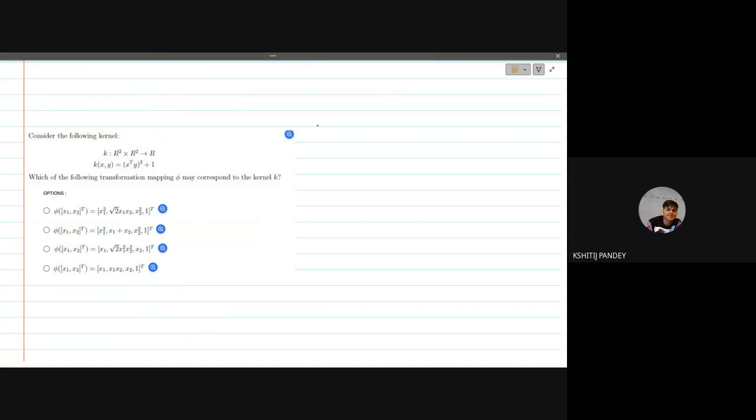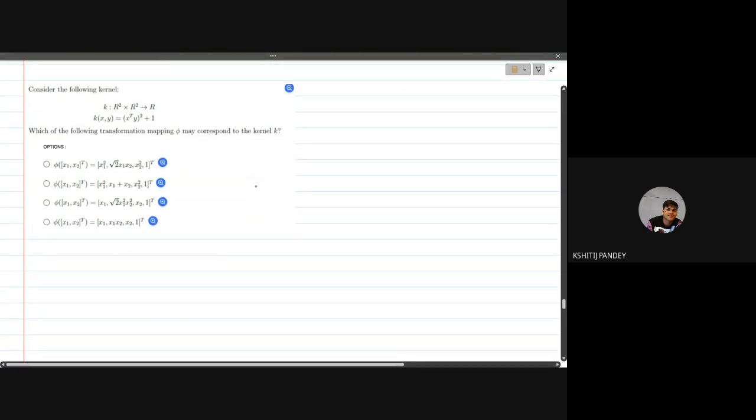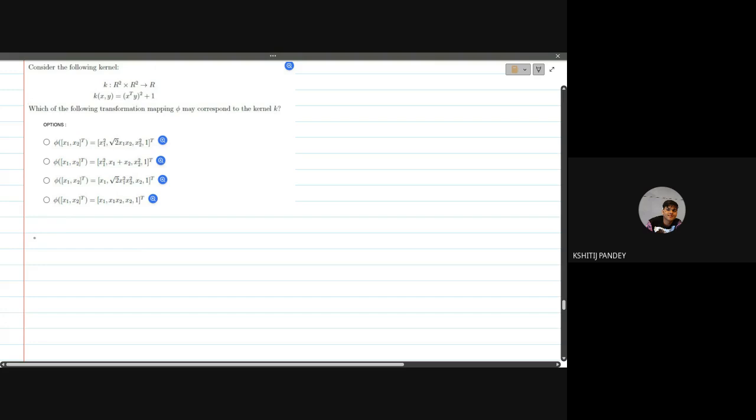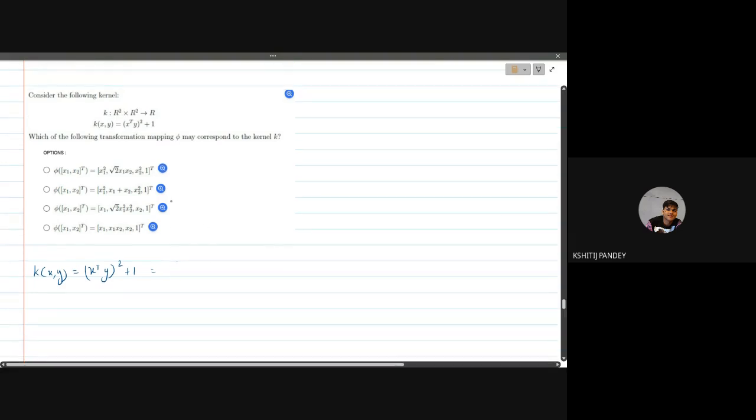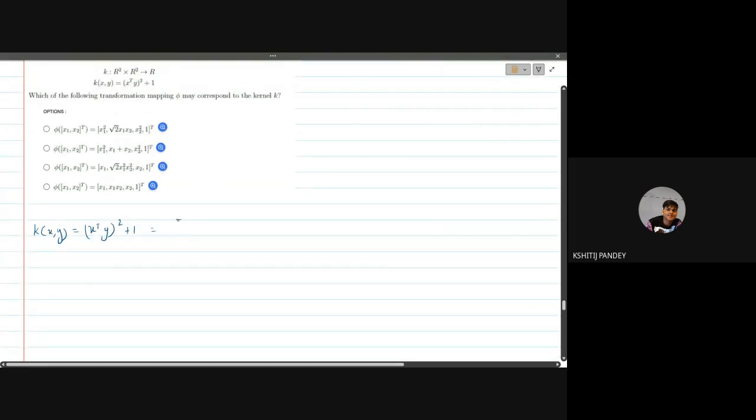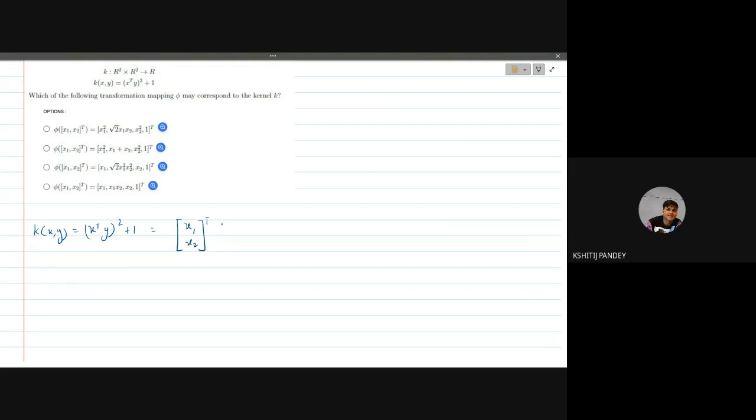The kernel function is x transpose y, whole square, plus 1. Okay, and now let's say x is in R2. x1, x2, y1, y2, square of this plus 1.